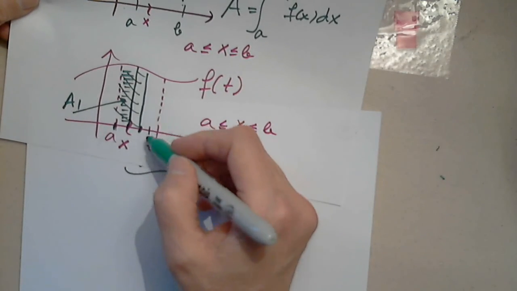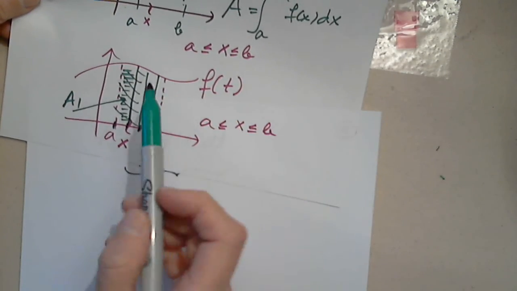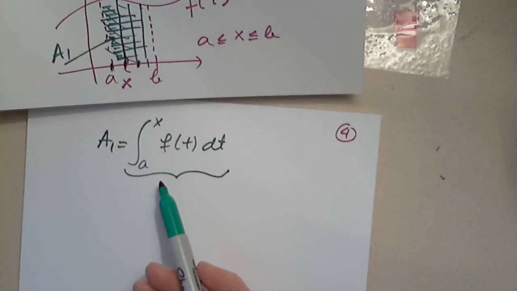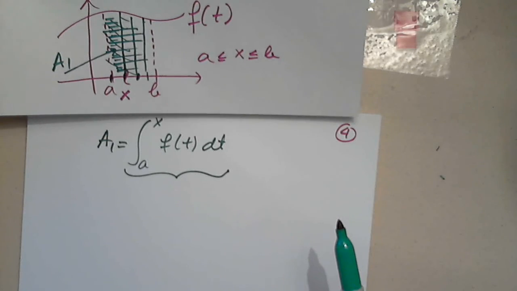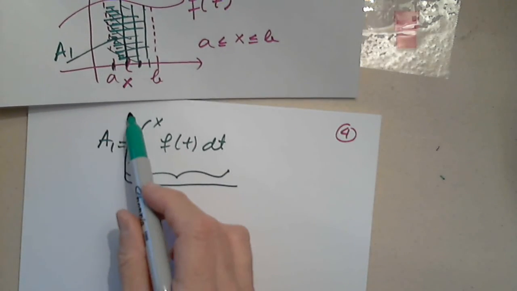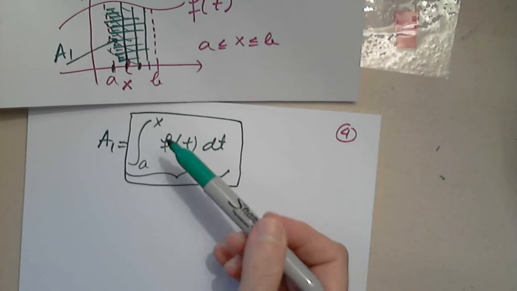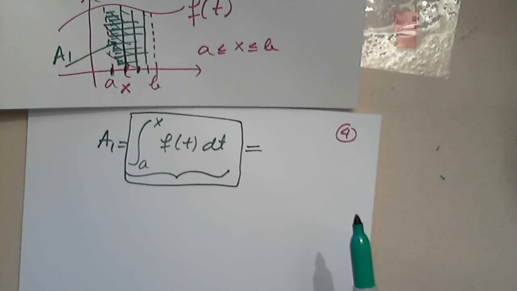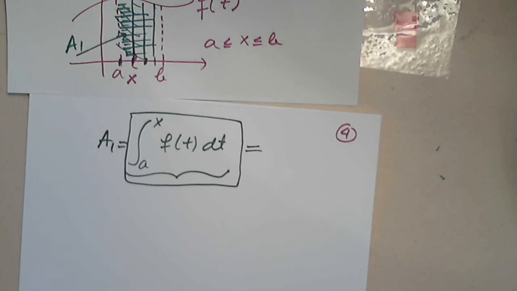What if I move x here and I ask you to find this area, which is this? It will be a different number. So then what is really this that we just created? If for every x value I get a different number, what procedure is this?